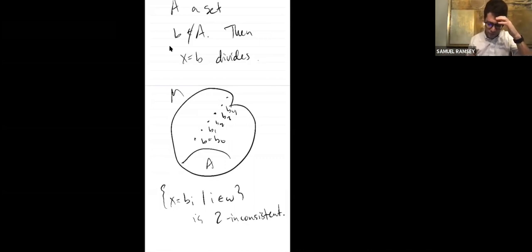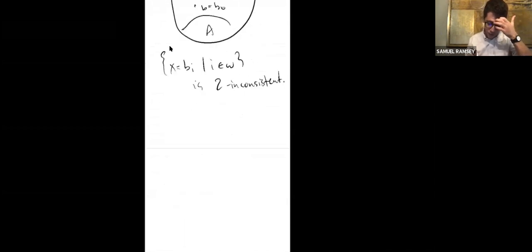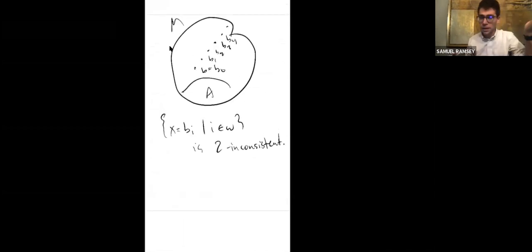Now let's think, is this clear? So let's think in particular about what independence is. If I hand you two sets, A and B, when does this take place? When is A independent from B over C?